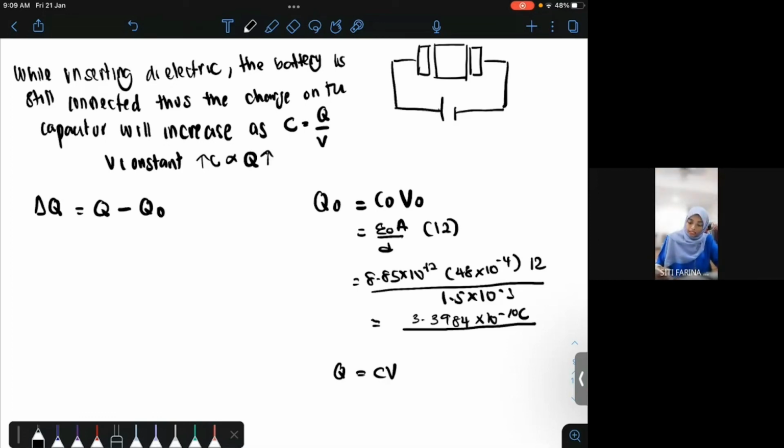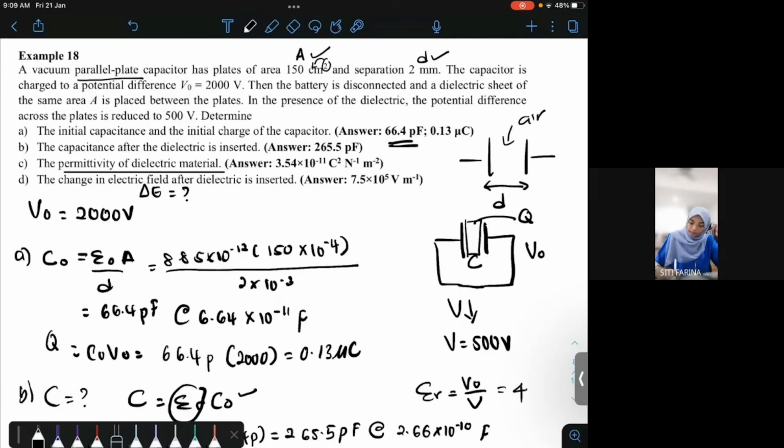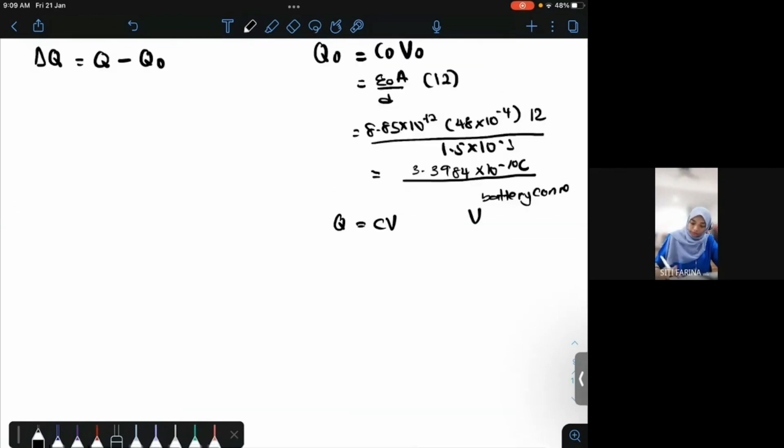Okay, V dekat sini sebab battery is still connected. Battery connected. So V after insert dielectric akan sama dengan V filled with air. V yang sama. So V kita adalah 12 masih.